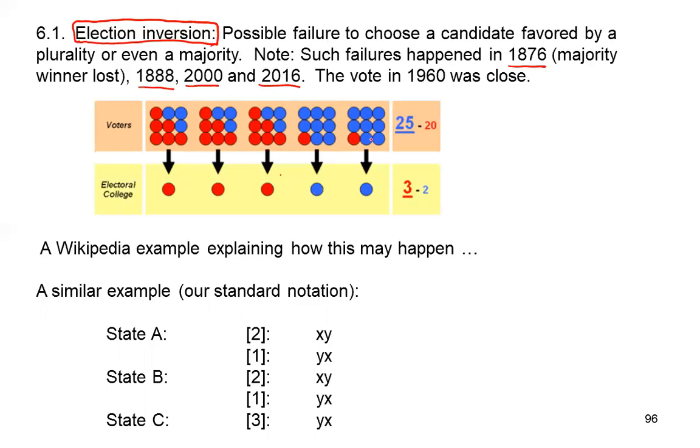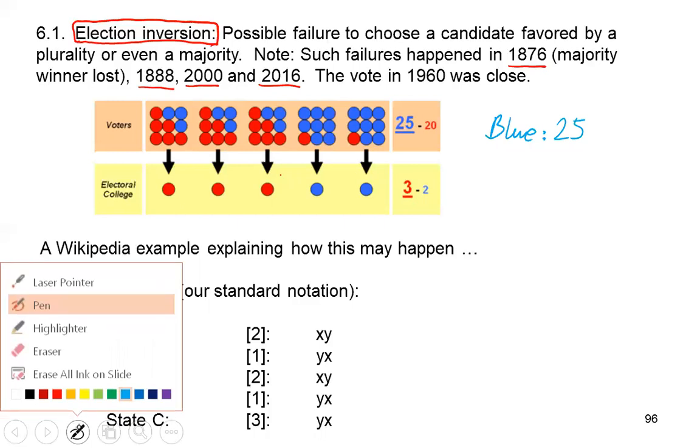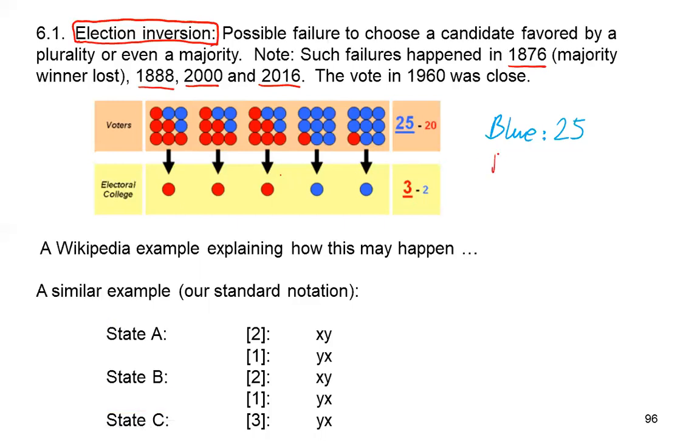We have 5 states in this example, and as you see, blue receives 25 votes, and the red lady receives 20. But red wins the elections 3-2.